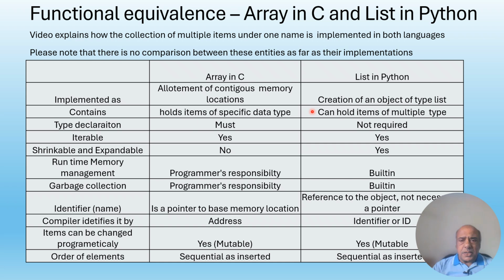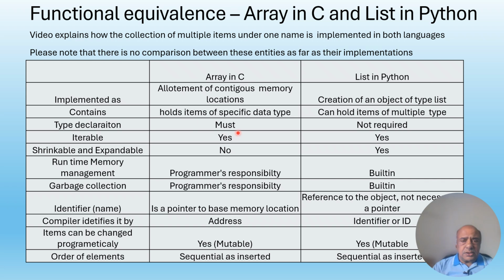A list in Python can hold multiple items of multiple types. So there is no need to declare and define a list in Python with any data type. It is not bound to any data type. It can hold int, float, strings and even some other container variables.